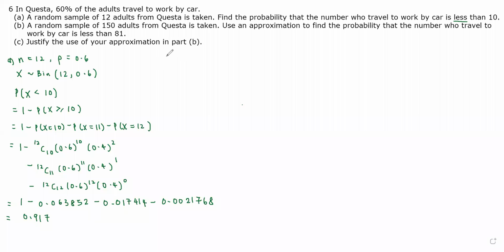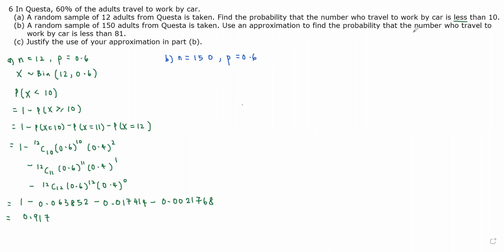Part B: a random sample of 150 is taken, and now n is much larger at 150. p is 0.6. So when n is large and p is 0.6, we cannot just use the binomial distribution.